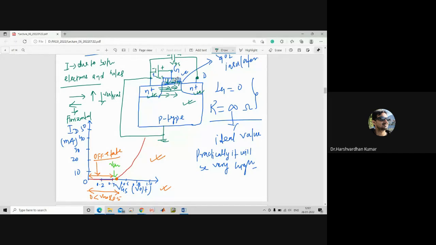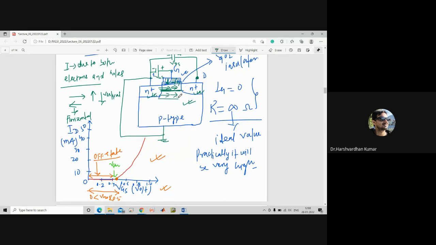So if the magnitude of the horizontal electric field is of the same order or less than that of the vertical field, then what will happen in that case? Then the inversion channel remains almost constant, or uniform, along the device length.